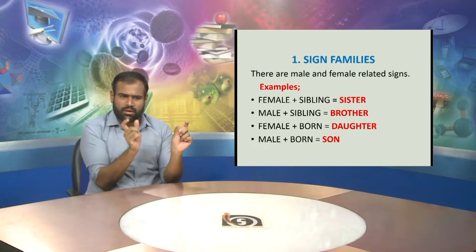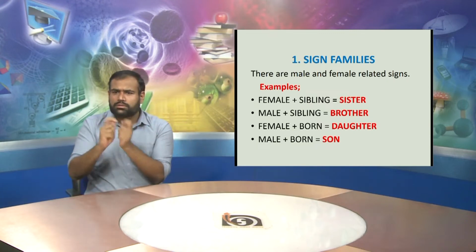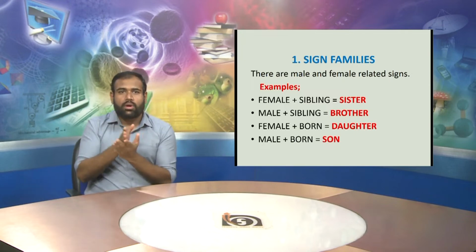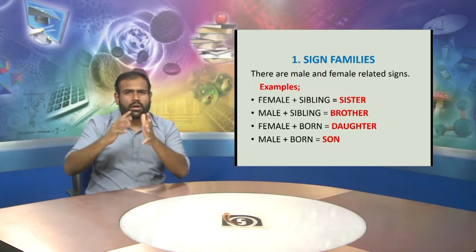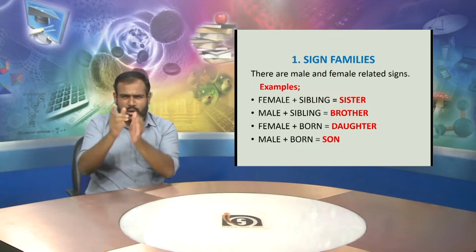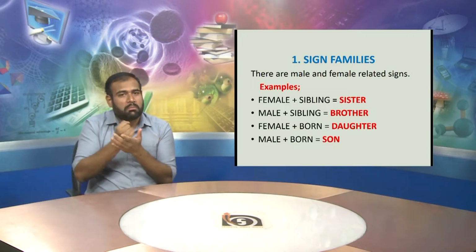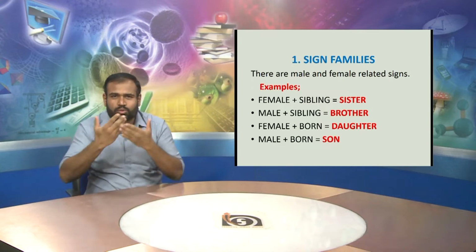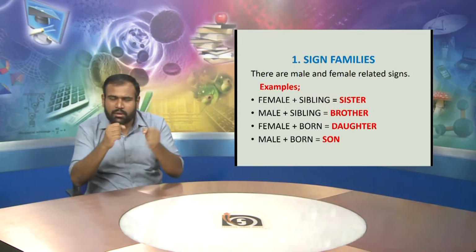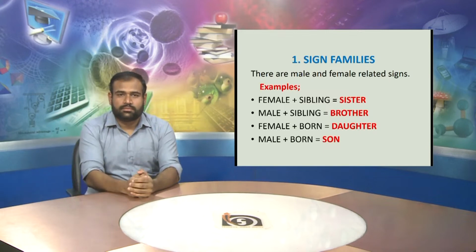So all these four examples, I hope you have seen and understood how new signs are created. Similarly, you can understand and practice how new signs are created. You can share with your friends, you can easily understand.